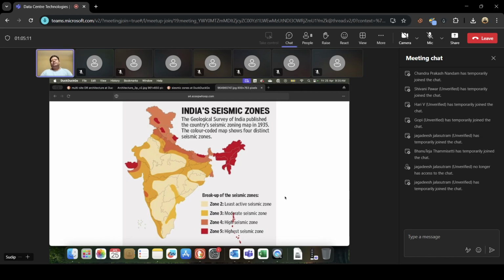See, we all know that various places on the planet are susceptible to earthquakes, right? So all the geologists across the globe have divided the entire world into various seismic zones, where seismic zone means what is the probability of having an earthquake in that region.